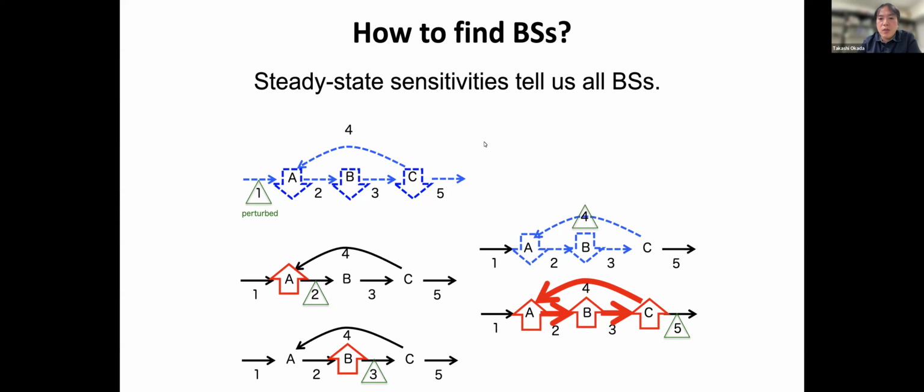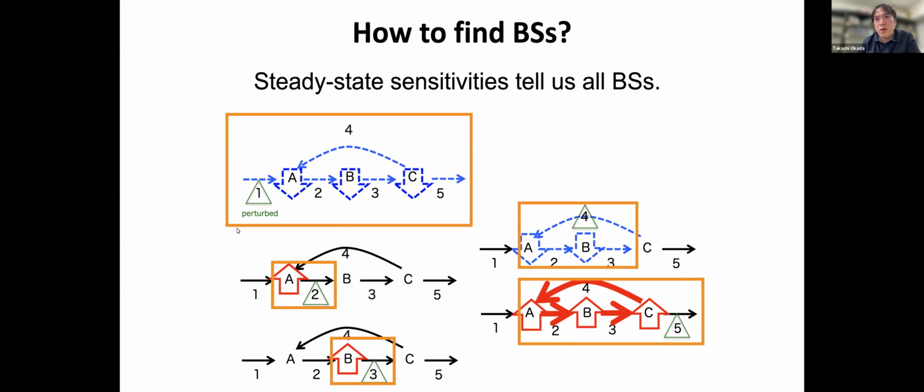Specifically, for example, below are the sensitivities obtained from the matrix computation. And these zero sensitivities, the non-zero patterns, should be explained by buffering structures. And in fact, from these, there are corresponding buffering structures for each non-zero pattern.